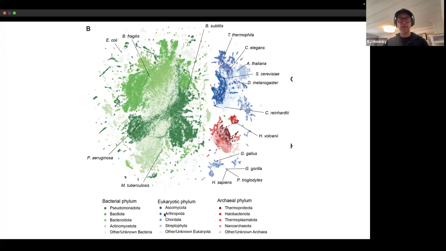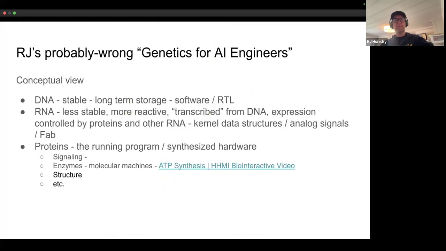I think humans would be somewhere in this core data, probably this area. You can see that a lot of other stuff got included. The purpose of that is to be able to transfer your understanding of the behavior of genetics from these other species into humans, and also to study those other species.